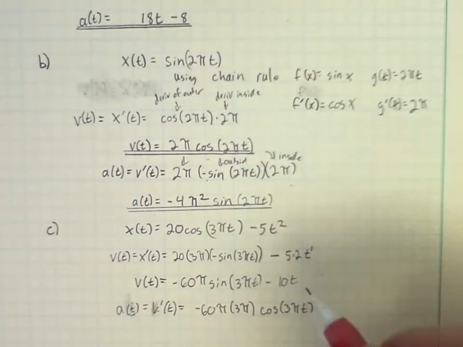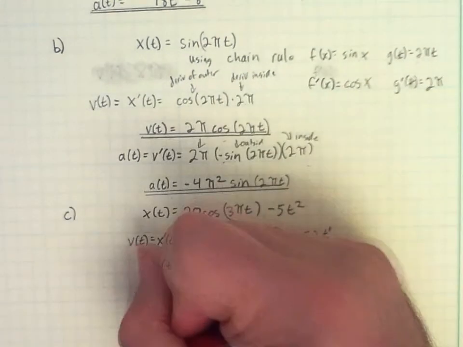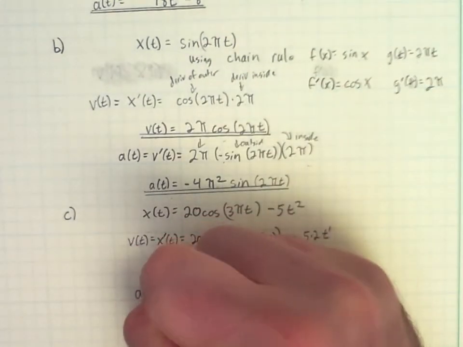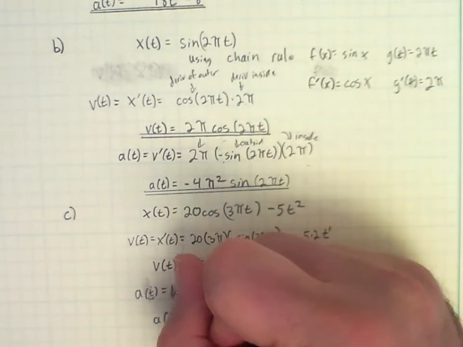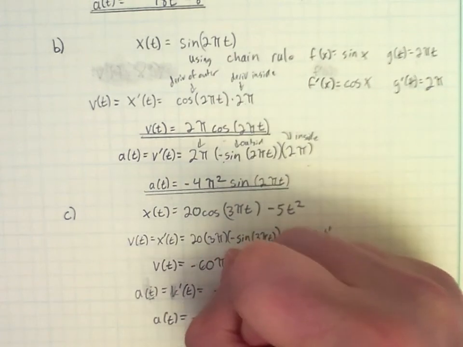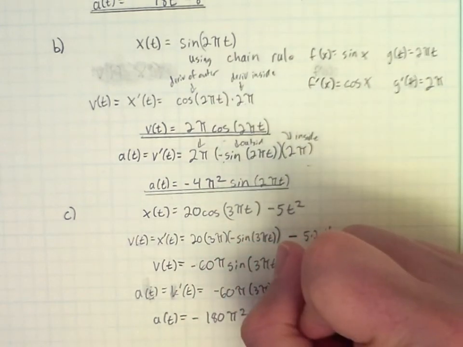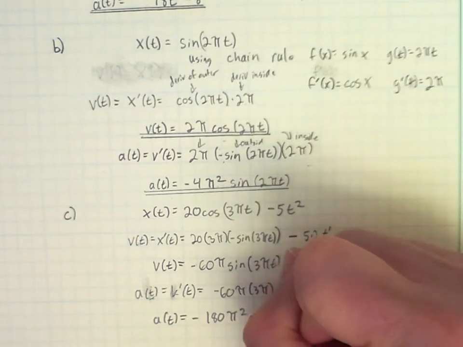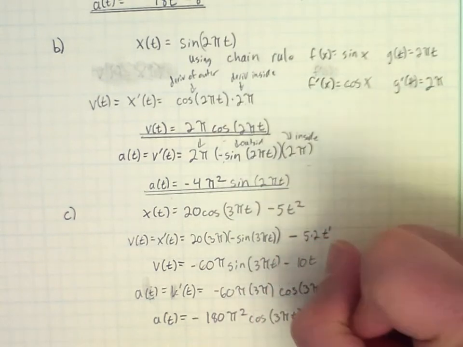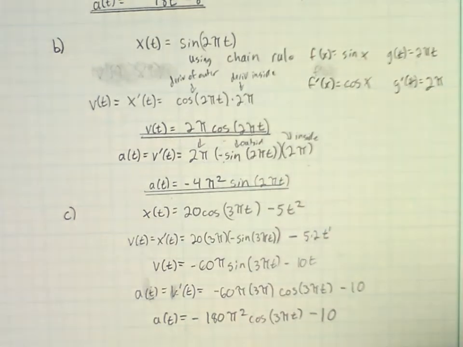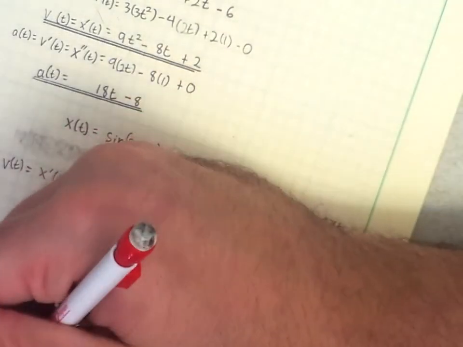Derivative of 10t is 10. So a of t is negative 180 pi squared cosine of 3 pi t minus 10. And those are my two answers for part C.